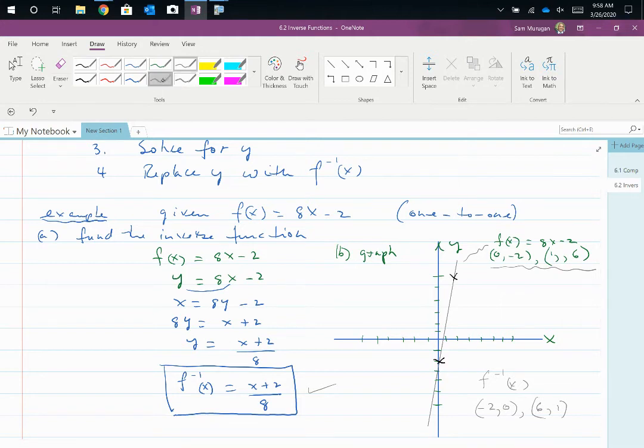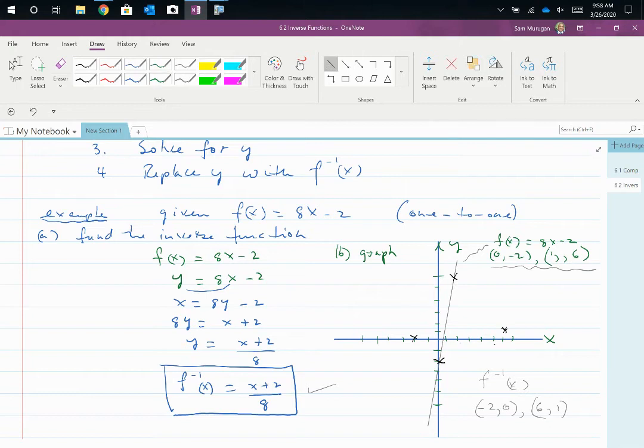So this time we're going to plot, say, -2 and 0. And we're going to plot 6, 1, 2, 3, 4, 5, 6, and 1. Right there. And we're going to put a line through those points.